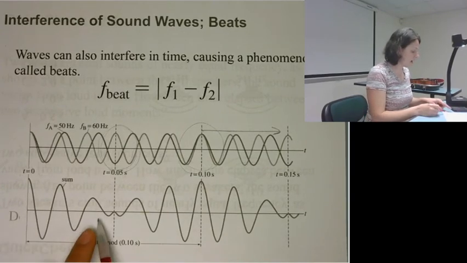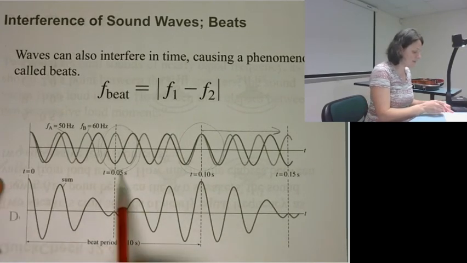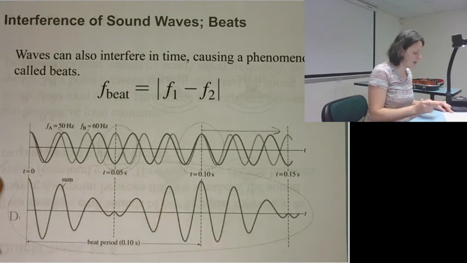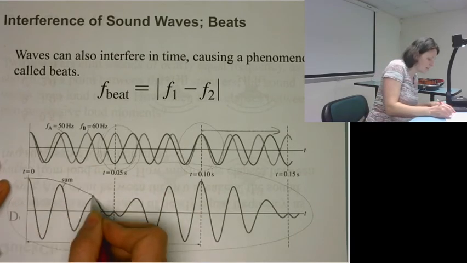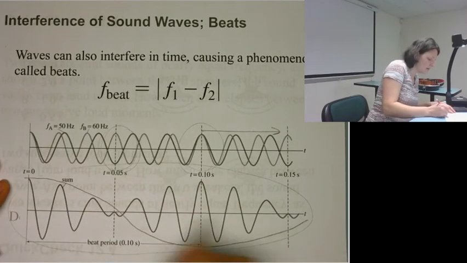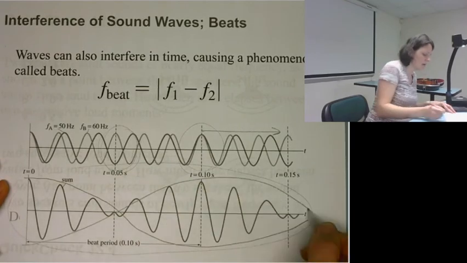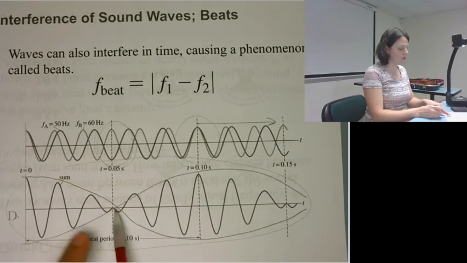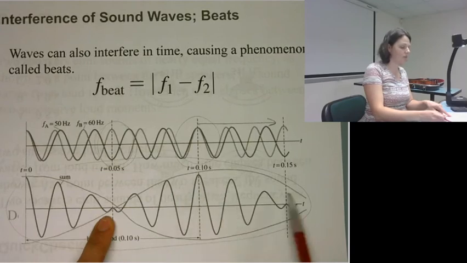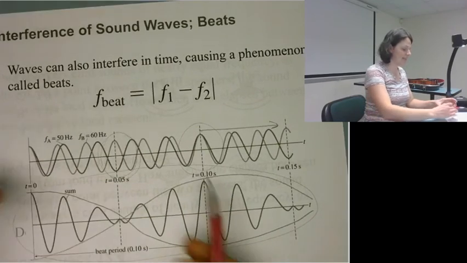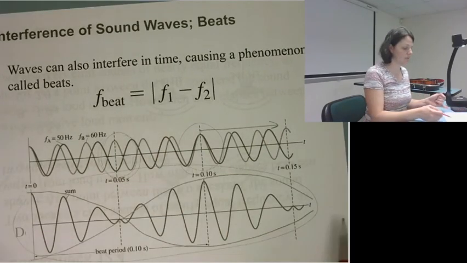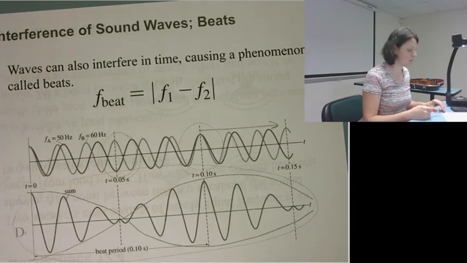And if you look at the sum, and this is what we hear, of the two waves, there's this pattern of quiet and loud and quiet and loud that's like a whole other wave that's superimposed on top of this wave, which is pretty cool.